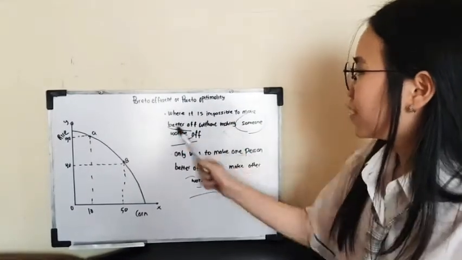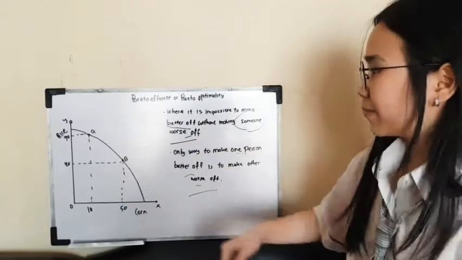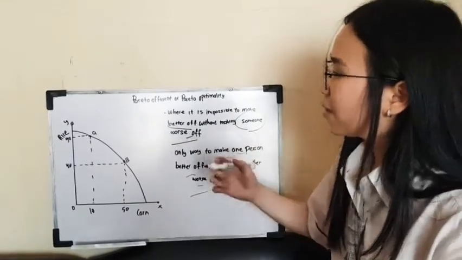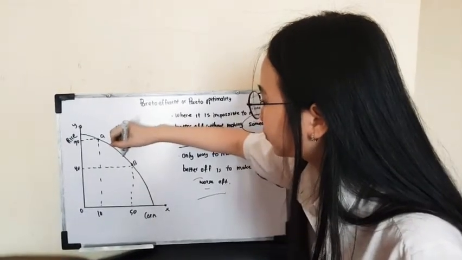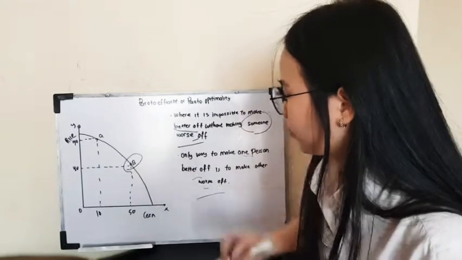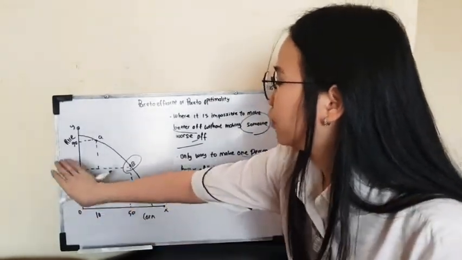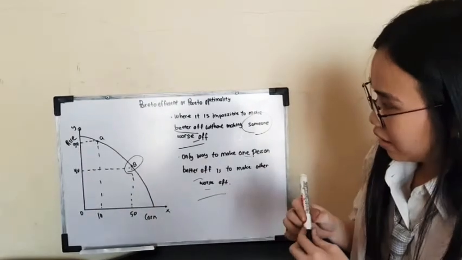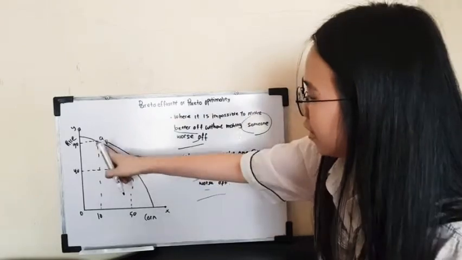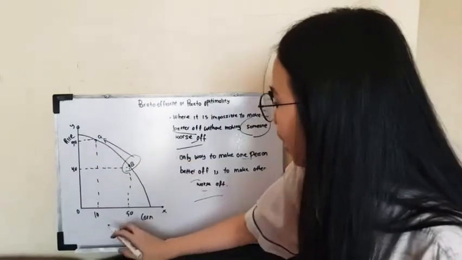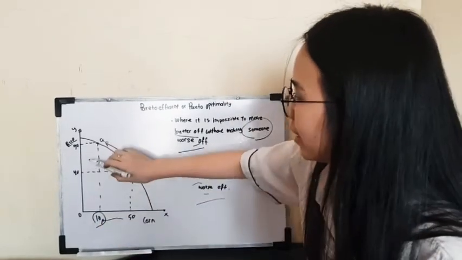We can explain this Pareto efficiency or Pareto optimality using the PPC. As you can see, for example, our original point on the PPC is in this point B, where we have 50 output for corn and 40 output for rice. But when we move this point to here, there is a change in output, right? The corn will be less and the rice will increase.